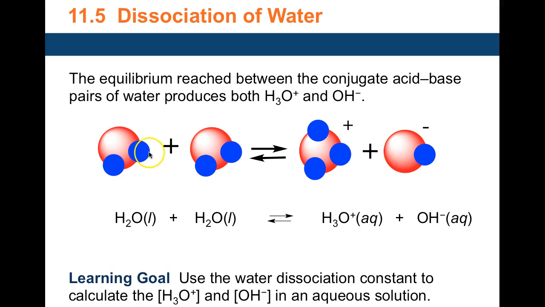So you can see here there are two water molecules. One proton comes off, goes on to the other one, forming the H3O plus, and what's left is the OH minus. So this is called the self-ionization of water. When you write the Ka expression for this particular reaction, on the left side it's just two water molecules. You can't include them in the expression, so it's just going to be H3O plus times OH minus. Because it's water, instead of Ka we use W, so it's Kw.